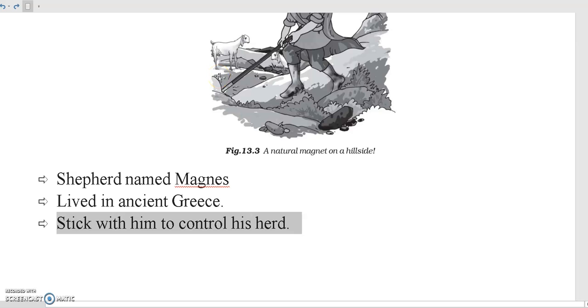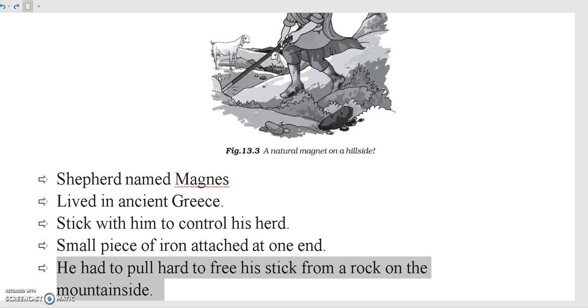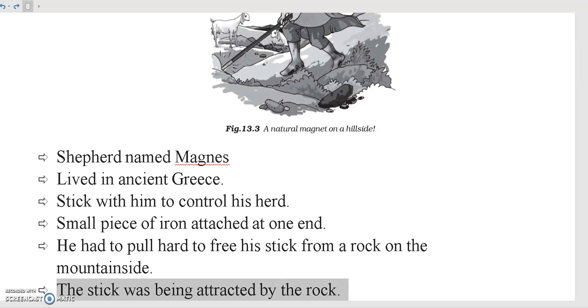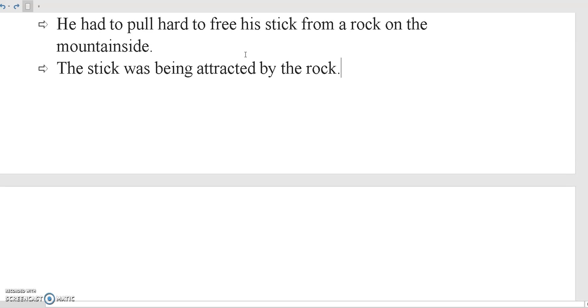And one day, he was surprised, because he found that he had to pull hard to free his stick from a rock on the mountain. He could not easily detach it from the rock. It seemed as if the stick was being attracted by the rock.